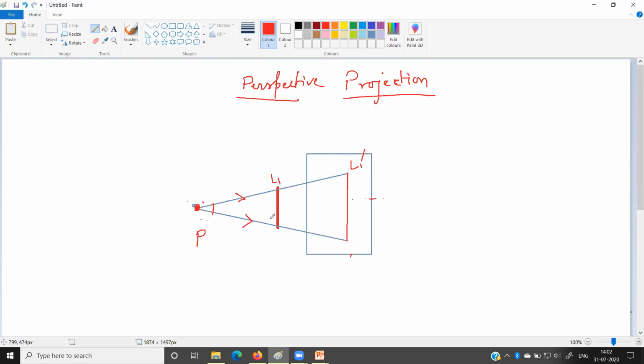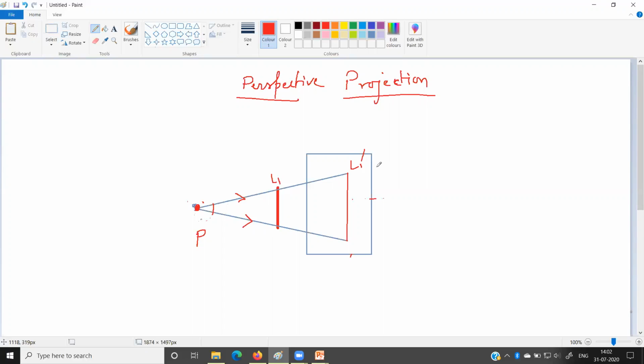In case of perspective projection, if you change the position of the projection plane, the size of the projected object will vary, which is not true for the parallel projection. In case of parallel projection, if you change the position of the projection plane, the size of the projected object will not vary.